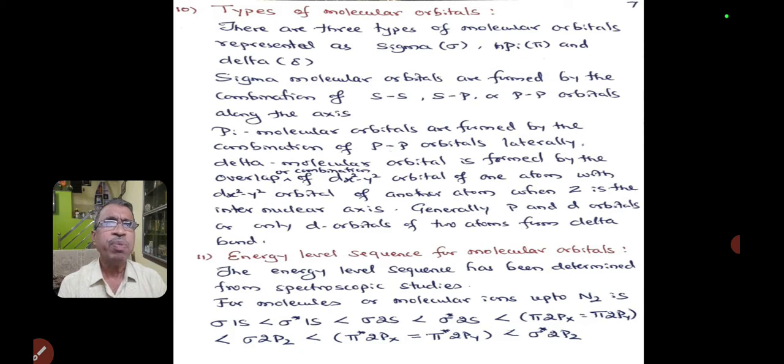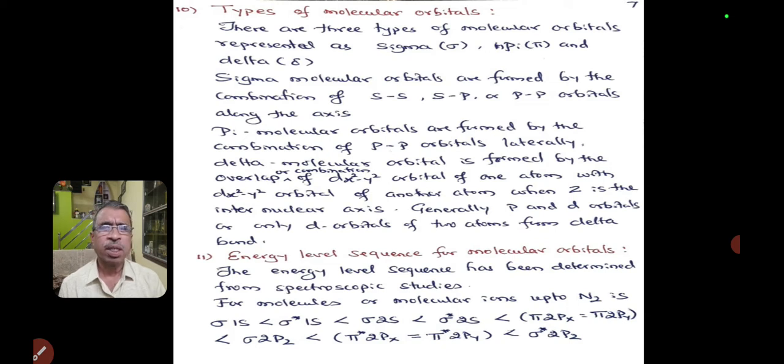Now let us study the types of molecular orbitals. There are three types: sigma molecular orbital, pi molecular orbital, and delta molecular orbital. Sigma molecular orbitals are formed by the combination of s-s, s-p, or p-p orbitals overlapping along the axis. Pi molecular orbitals are formed by the lateral overlap of p orbitals.